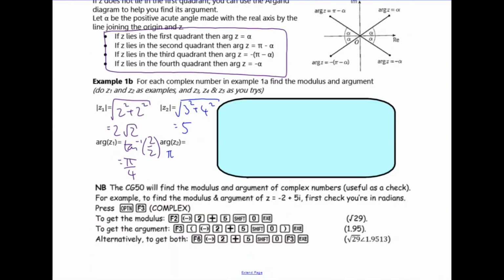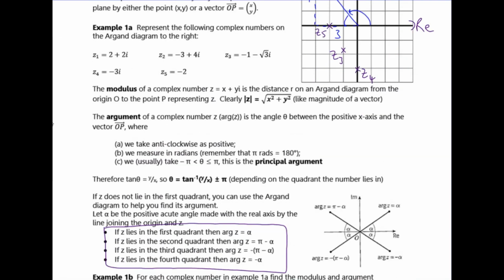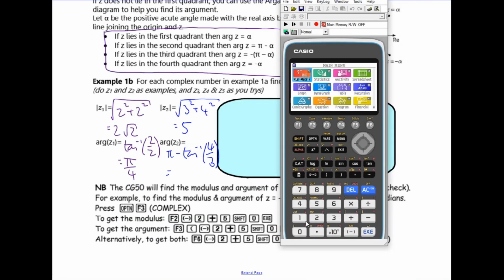So I'm going to do pi minus inverse tan. My opposite side from my diagram was 4. My adjacent side is 3. So inverse tan of 4/3. Pi minus inverse tan 4/3 is 2.2.